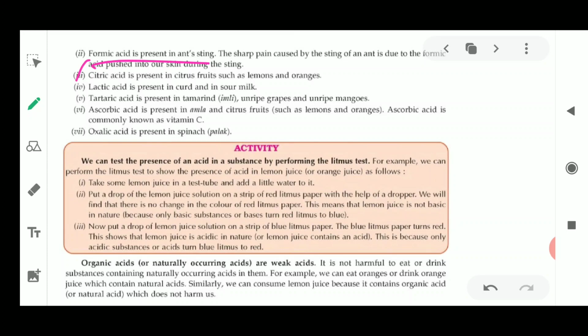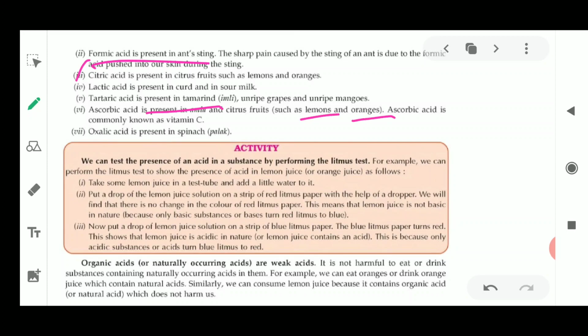Next is tartaric acid, which is present in tamarind, called imli. It is present in tamarind, unripe grapes, and unripe mangoes also. Next is ascorbic acid, which is present in amla. Other fruits like lemons and oranges also have it.